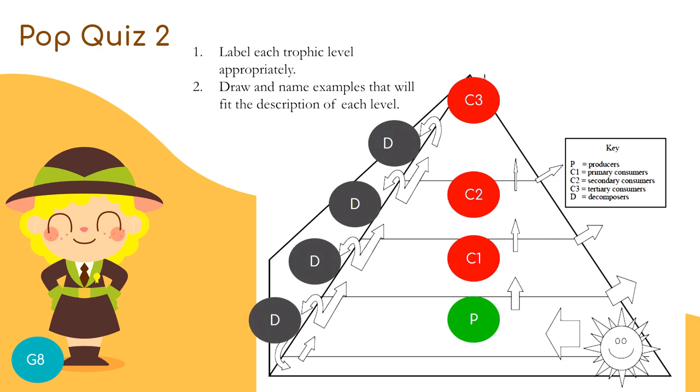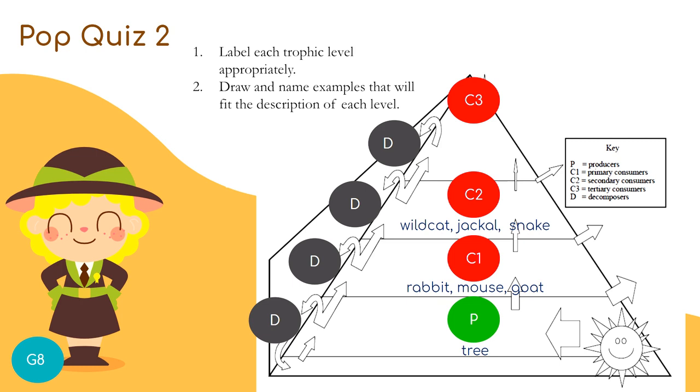How about the organisms? So at the base of the pyramid, or at the producers trophic level, you have the tree. Then the primary consumers, which are always herbivores, are your rabbit, mouse, and goat. Your secondary consumers would be the wild cat, jackal, and snake.